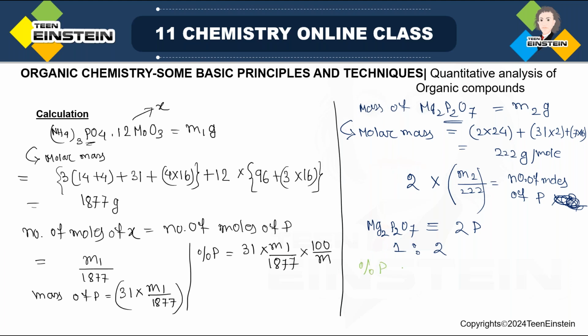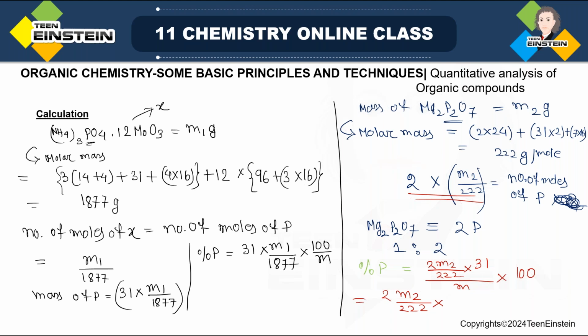Now finally, we have to calculate the percentage of phosphorus, which is equal to the mass of phosphorus divided by M. For the mass of phosphorus, with this quantity you have to multiply 31. So 2M2 divided by 222 multiplied by 31, then this whole quantity should be divided by M, which is the starting amount of organic compound, and multiplied by 100.